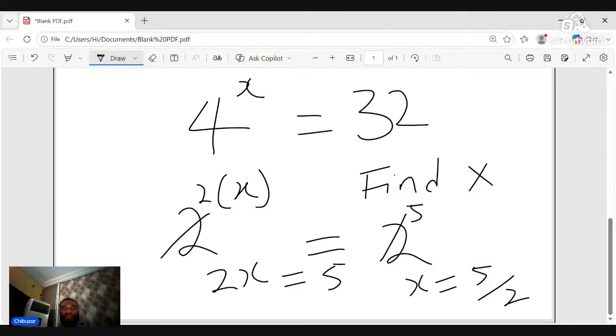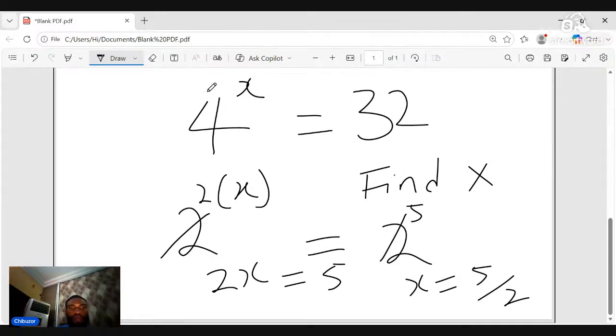Is it clear? Remember, our target is to have the base as the same thing, but 4 is not an index of 32. So what do we do? Since 4 does not have a number that you raise it to and it will give you 32, you use 2, which is the common base. 2 raised to power 2 will give you 4, and 2 raised to power 5 will give you 32.